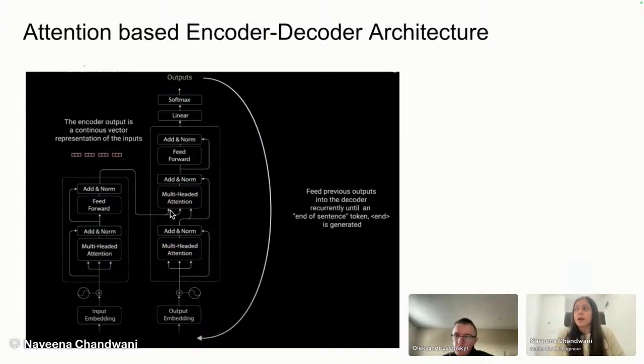But this is how it looks on a high level, and this is the decoder block. And you have again output embeddings, positional encodings, multi-headed attention, cross attention, feed forward, linear layer, softmax, an output that should get fed back in recurrently until an end of sentence token is generated.